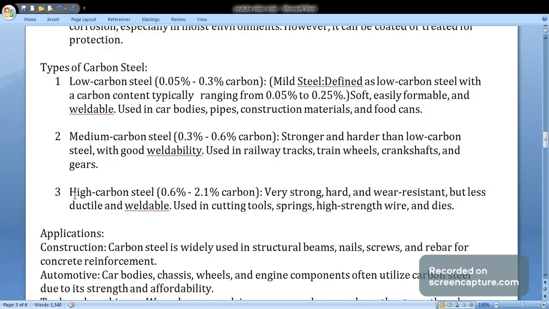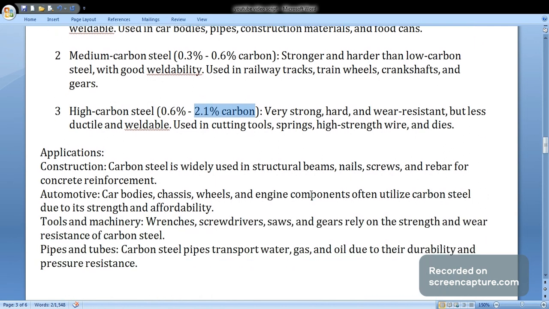And the third is high carbon steel. In high carbon steel, there is around 0.6% to 2.1% carbon. It's very strong, hard, and wear resistant, but less ductile and bendable. Used in cutting tools, springs, high strength wires, and dies applications.